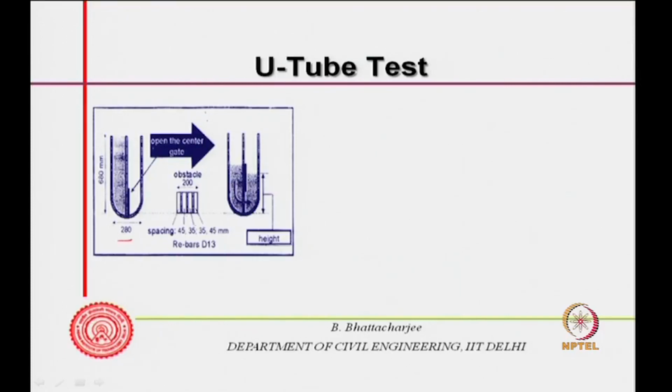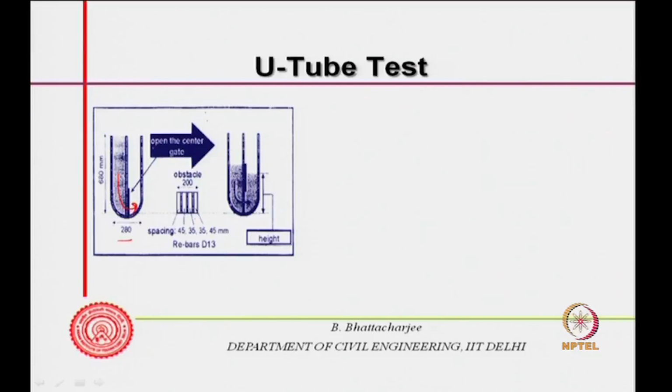The reinforcement bars are there, with spacing between the reinforcements, 16 bars, and the obstacles are there. So, what you do is lift this up and allow the concrete to move from here.